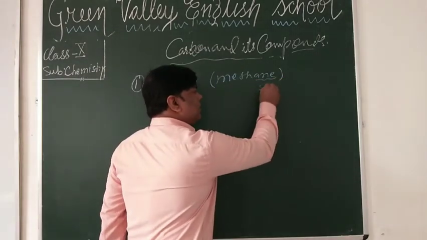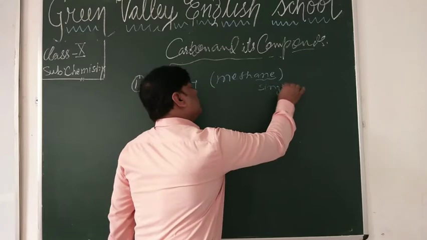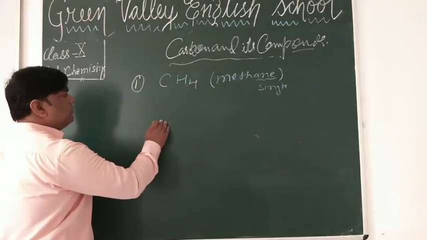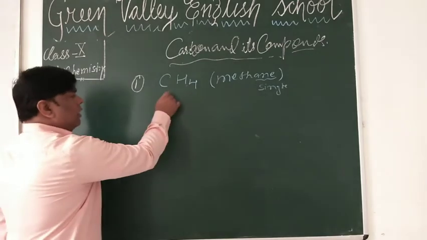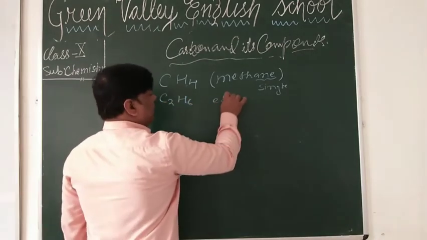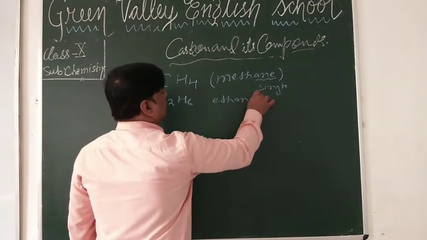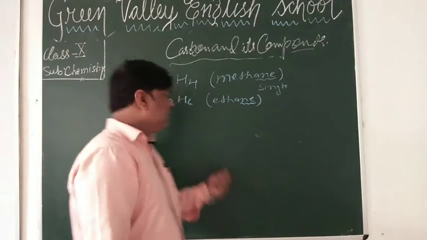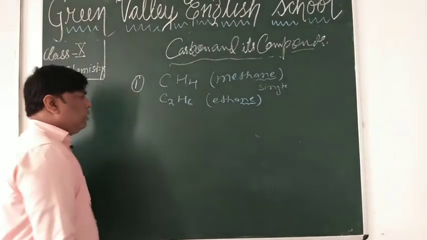ANE means single bond between carbon and carbon. So if it is C2H6, then it is ethane. Again ANE stands for single bond.